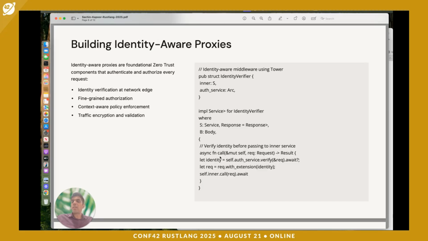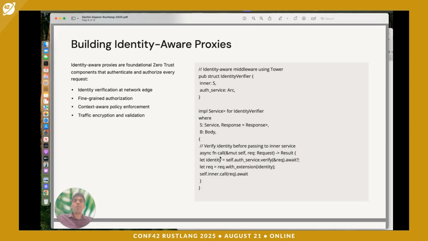Now let's talk about a critical component of zero trust architecture, and that is identity-aware proxies. As I mentioned in my opening, one of the fundamentals of zero trust architecture is verifying the caller, performing fine-grained authorization decisions, and also enforcing policy based on context.